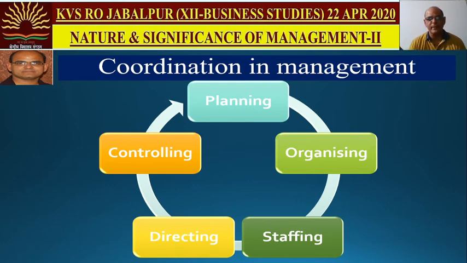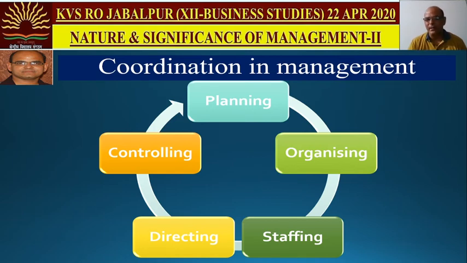We are defining their relationship, who will get orders from whom, and who will give orders to whom. We are trying to make a coordination between them. And also, while allocating resources, we need to do coordination. Finance, which department requires more finance, we have to give accordingly. Which department requires less finance, we have to do accordingly.